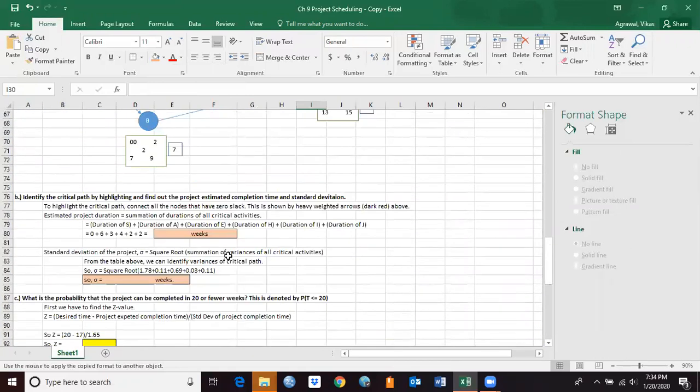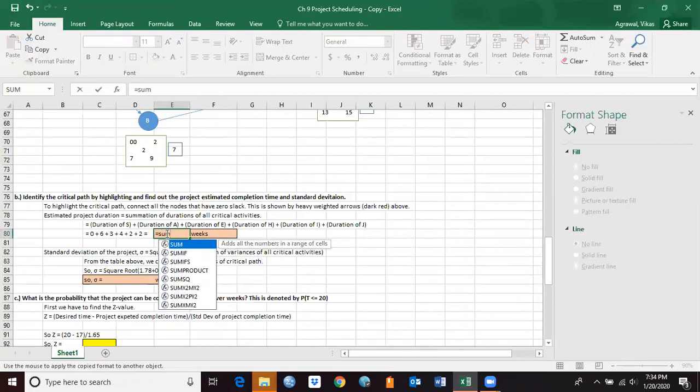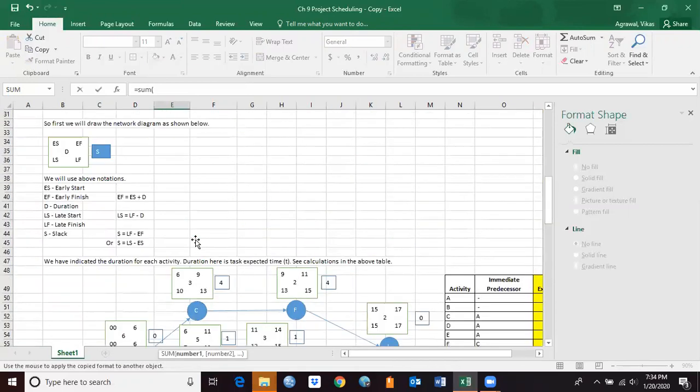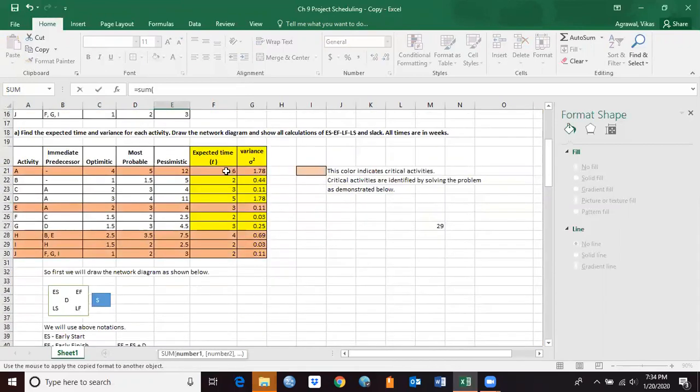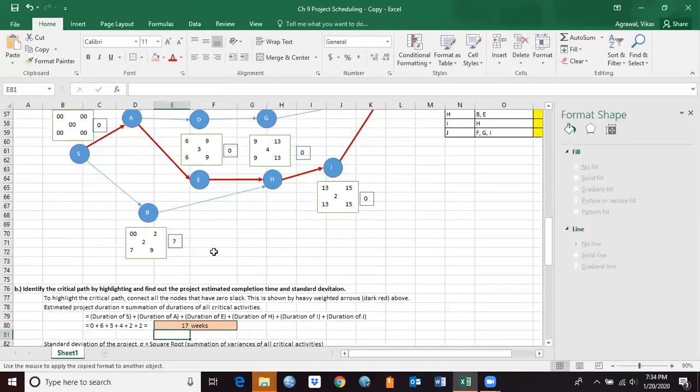Now going back here, the project duration is the sum of the expected times of all the critical activities: 6, 3, 4, 2, 2. And we know that it's going to be 17 weeks.